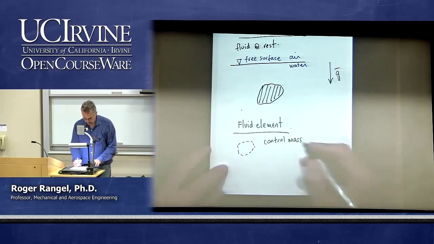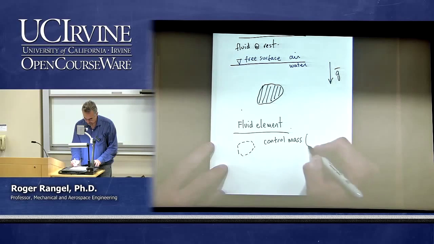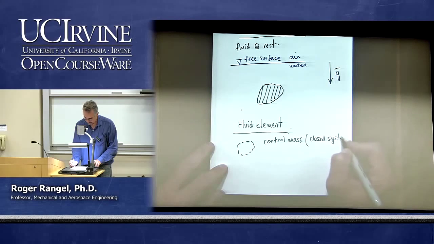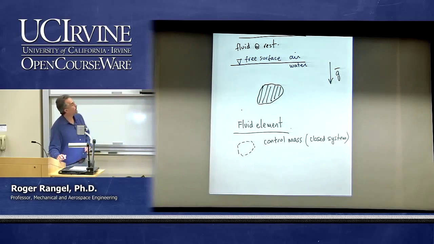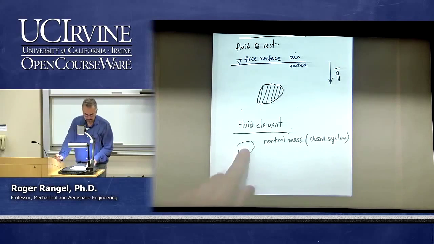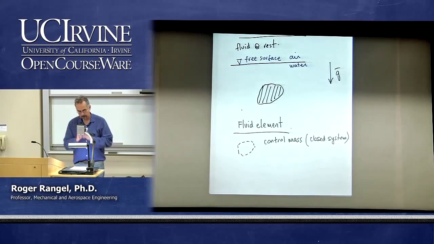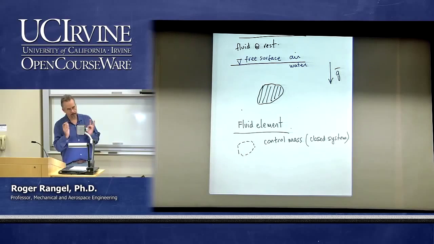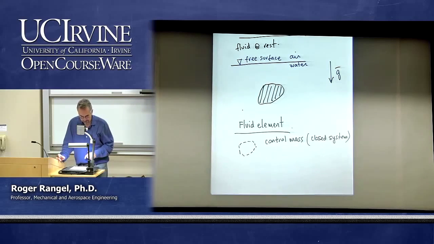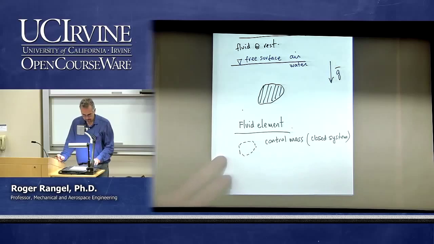Or, remember from thermodynamics, another word for that was a closed system. So this imaginary boundary encloses a portion of the fluid. There are millions of molecules in there, but that portion of fluid always has the same molecules in it. It's a control mass. That's the concept of a fluid element.